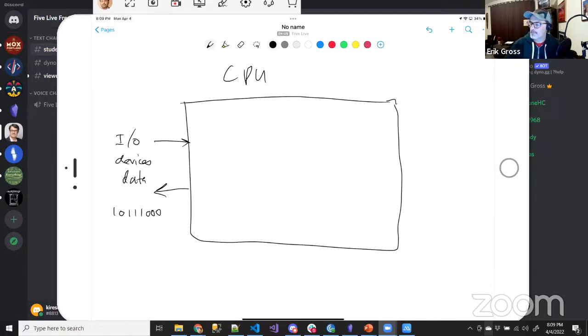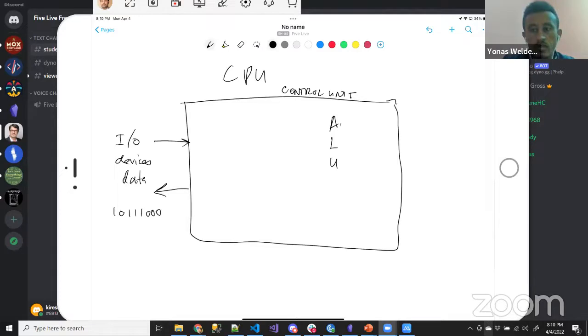So this whole CPU could also be given a name of the control unit. And it's got a part in it called an ALU. Does anybody know what that happens to stand for? Arithmetic and logic unit.